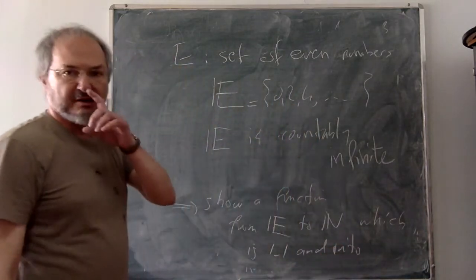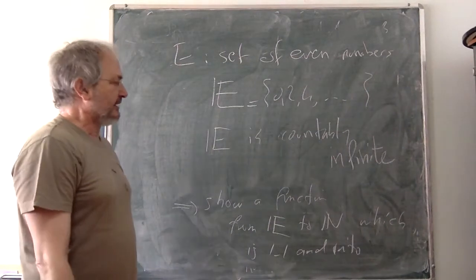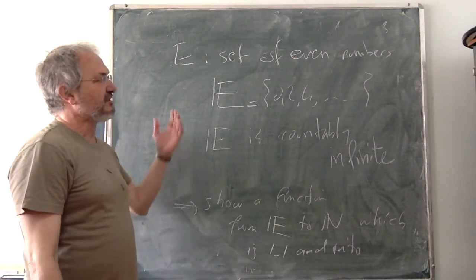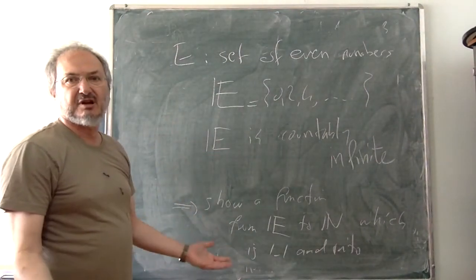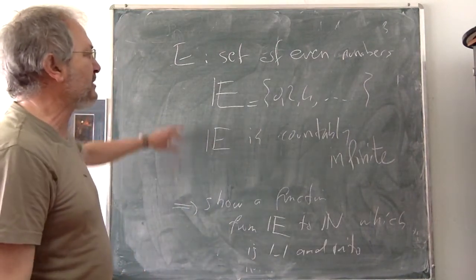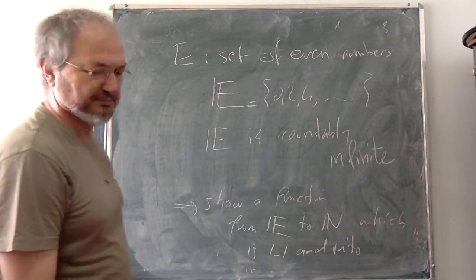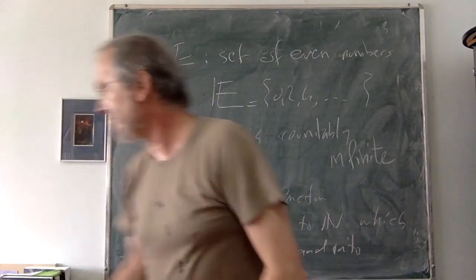This is the only way you can actually show that this is countably infinite, because the definition of countable infinity goes back to natural numbers. Okay? So how can I find a mapping from E to N, which is 1 to 1 and onto, is the critical question. So here's one.